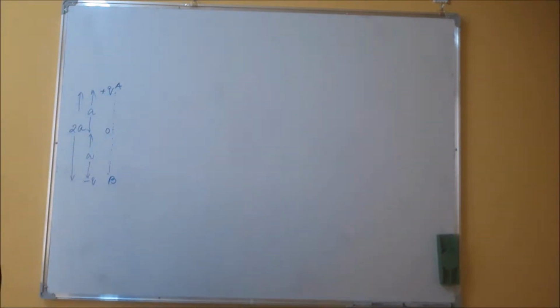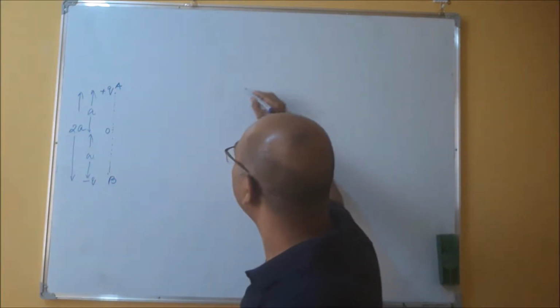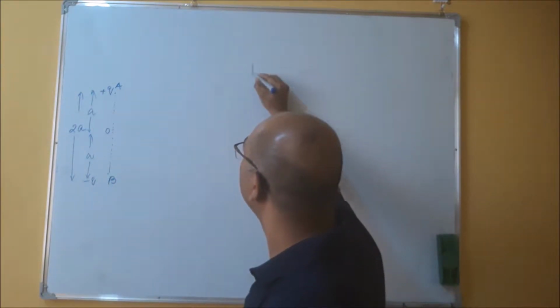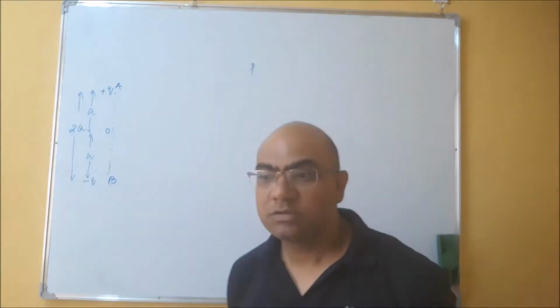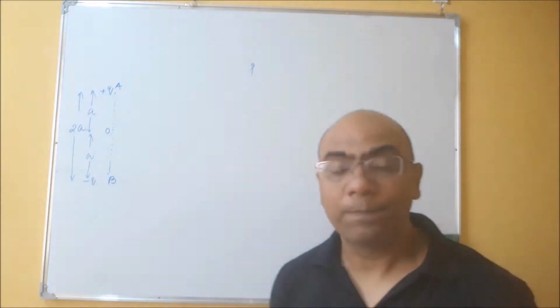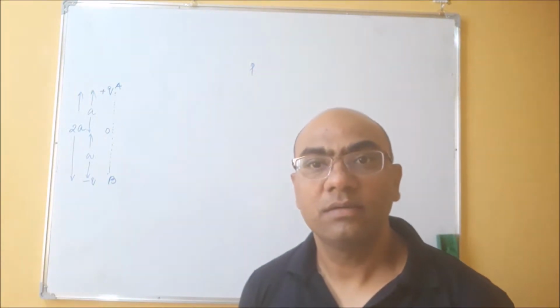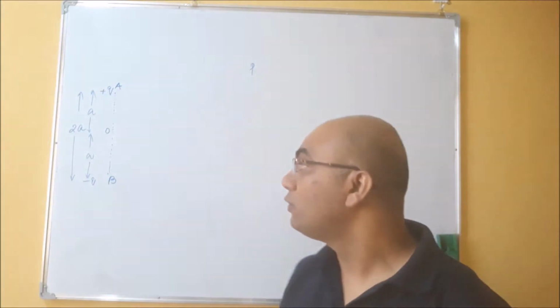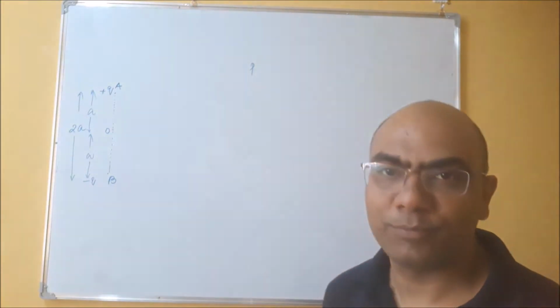In general, we have any point P like this. The question is: find the value of potential at point P due to this electric dipole.